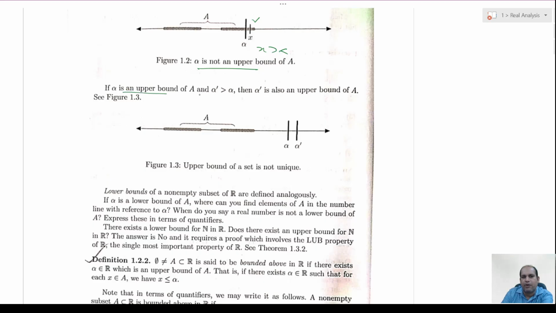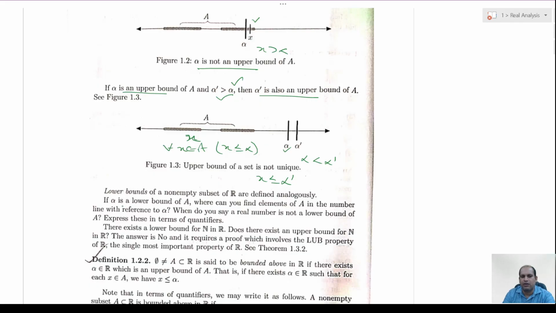If alpha is an upper bound of A, and alpha dash is another upper bound of A such that alpha dash is greater than alpha, then obviously, since for every x belonging to A, alpha is already an upper bound, x is less than or equal to alpha, and alpha is less than alpha dash. So obviously x will be less than or equal to alpha dash also. This is the reason: if alpha is one of the upper bounds, then any number greater than alpha is also an upper bound. Alpha dash is also an upper bound of the set.